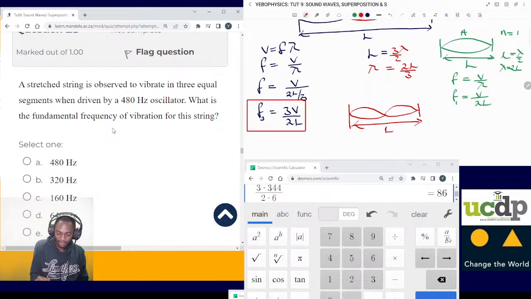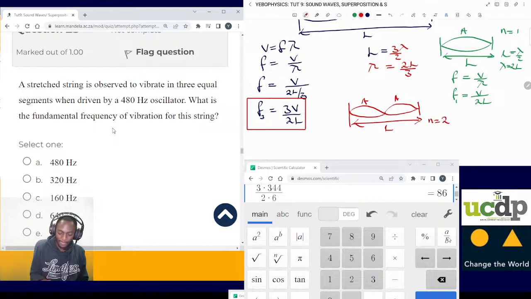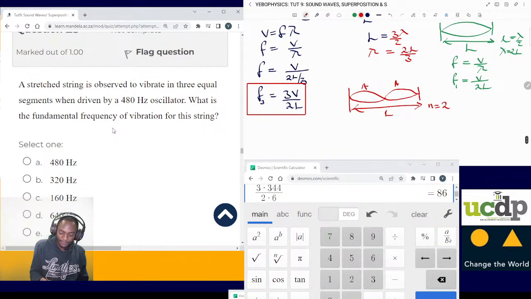So this is our L, and for amplitude, it means n is equal to 2, which means that our L is equal to lambda. As you can see, we've got one complete wavelength from there to there. So for F2, this is equal to V over wavelength, right?